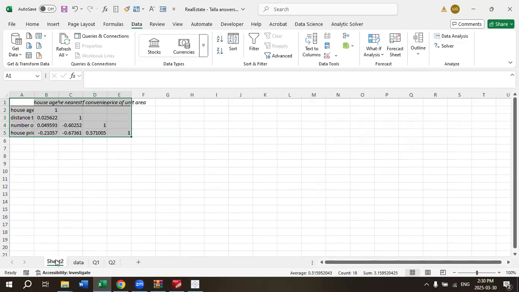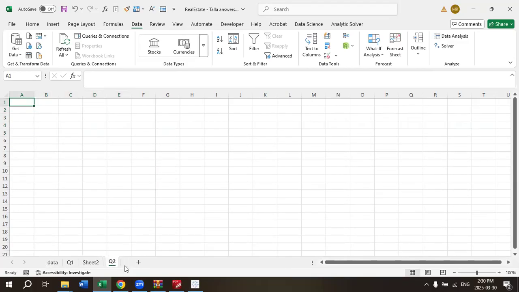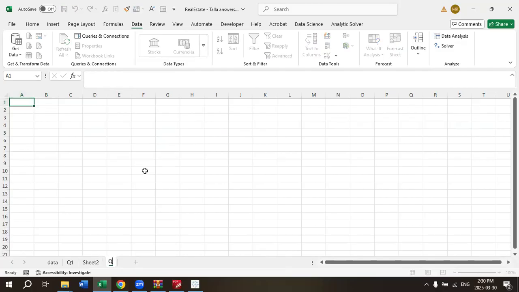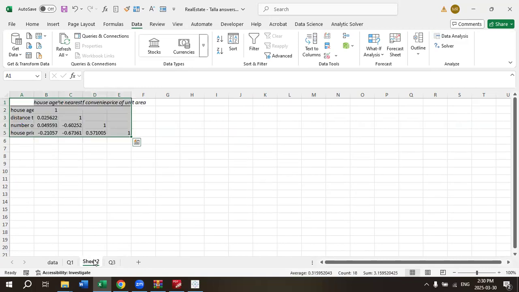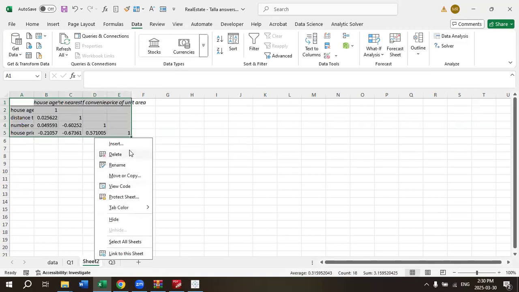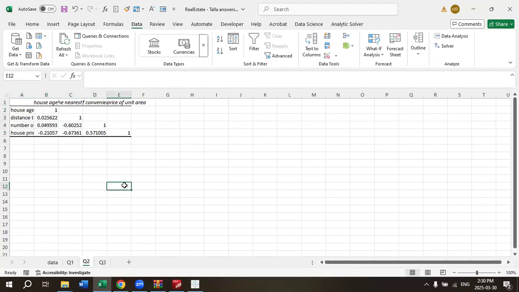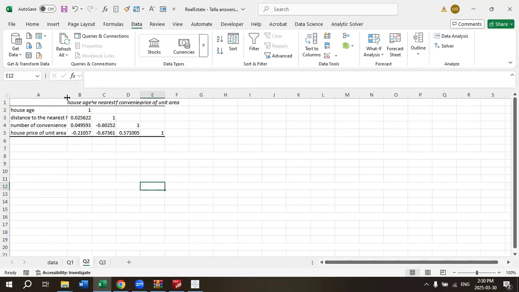In fact, this is question 2. I don't need to create the question 2 worksheet here. This is question 3, and this is question 2. Rename it Q2. Now I will just put all these values here.